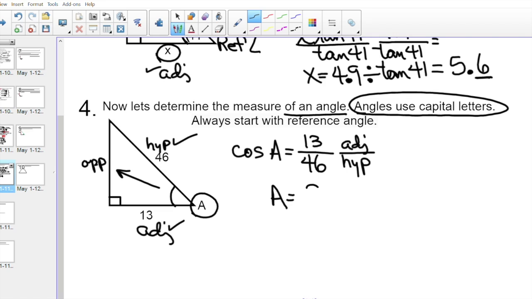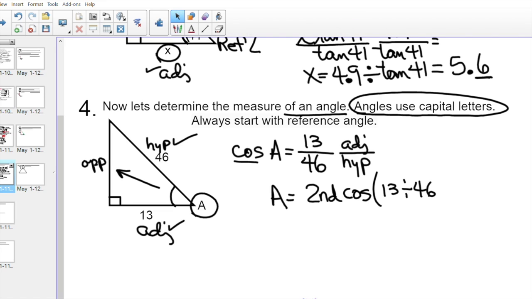Push at the top of your calculator the button that says second, and then push cosine. When you look at your calculator, it's going to open up a parentheses. Now, inside that parentheses, put our problem of 13 divided by 46, and push equal.